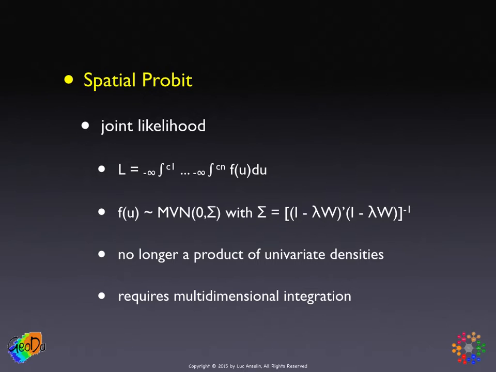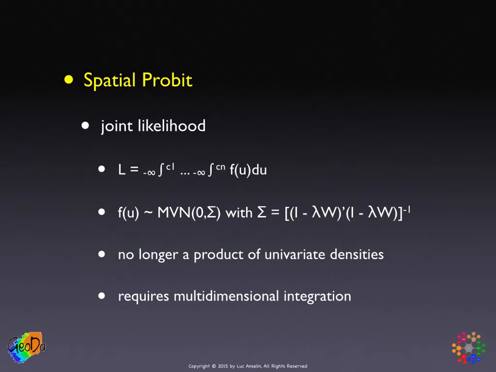That's this by now familiar I minus lambda W prime, I minus lambda W, the whole thing inverted. So this is no longer a product of univariate densities, and it requires explicit multidimensional integration.